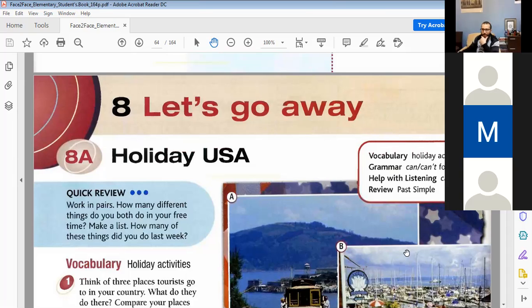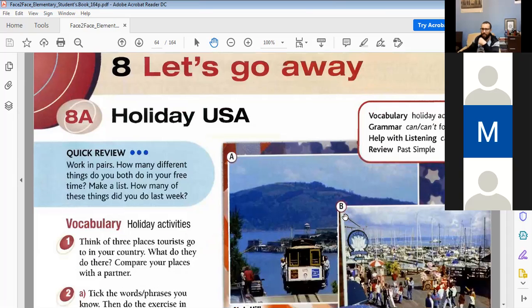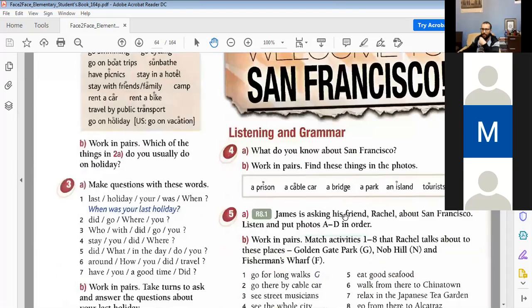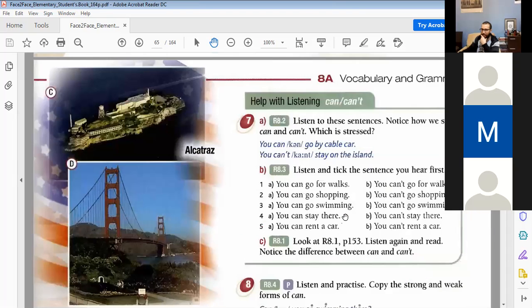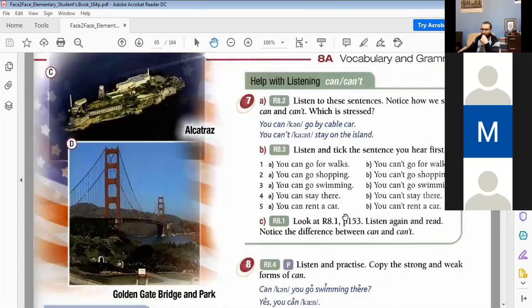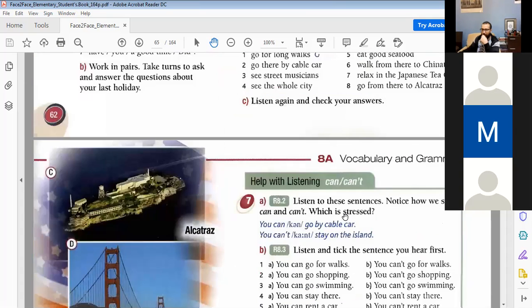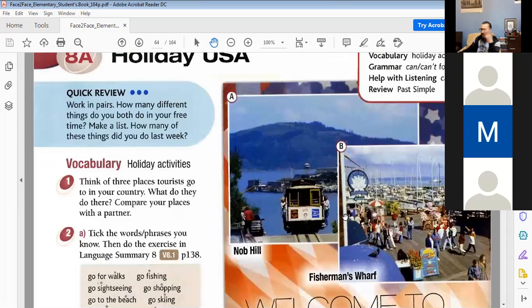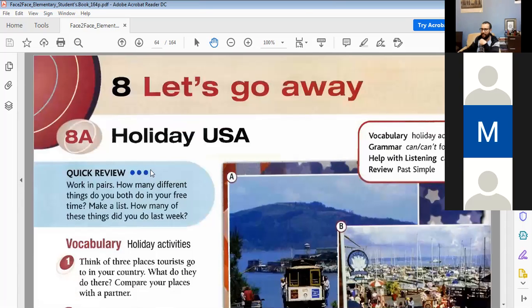But what's the difference? Who can tell me what's the difference between using can and can't for ability and using can and can't for possibility? Or is it the same? No, it's different. Okay, you're right, Manal, it's different. But what's the difference?